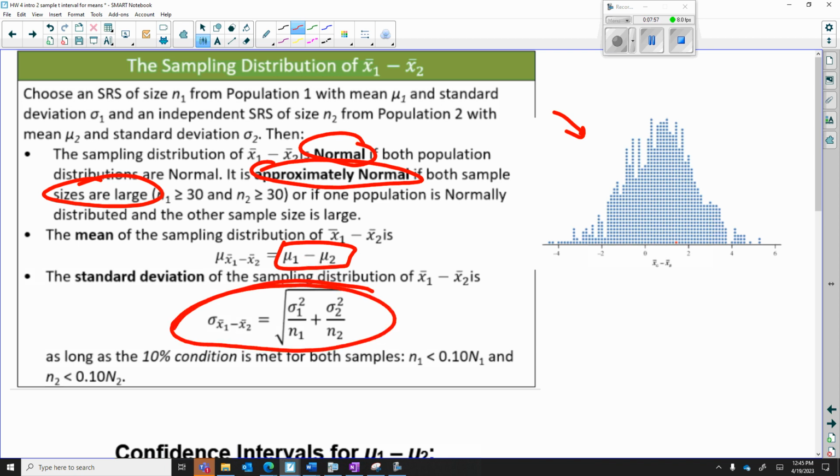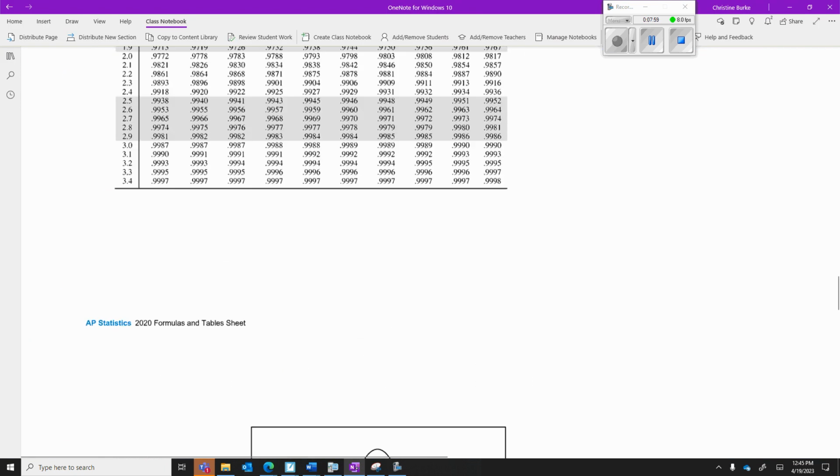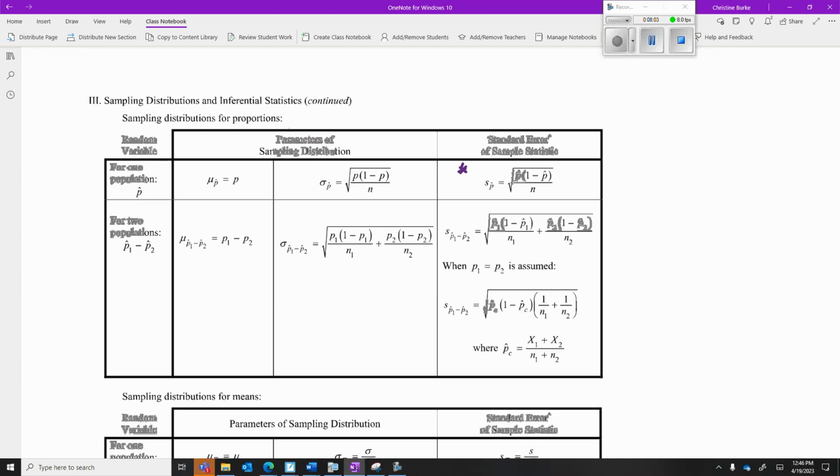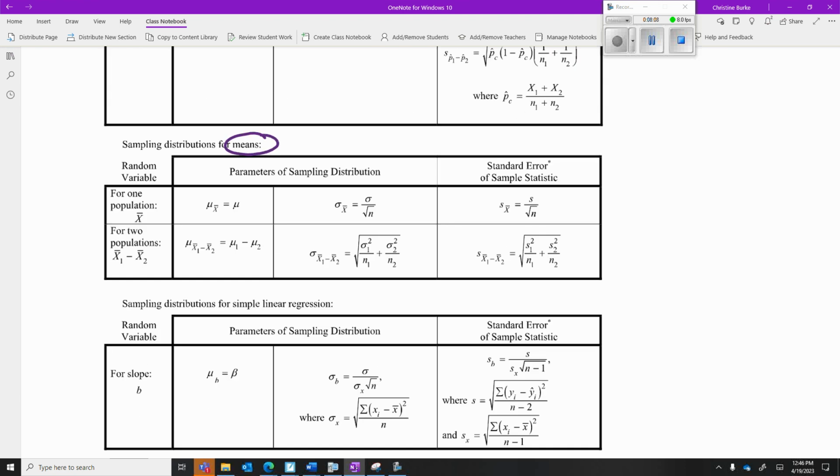We're going to go back to our formula sheet. If we go to our formula sheet, we're going to see that here was proportions, which is where we were living just this last week. We're going to go back to means. Here's one sample. Here's mu sub x bar equals mu, sigma x bar equals sigma over radical n. Remember, if we don't have sigma, use s in its place like we did for the first question.